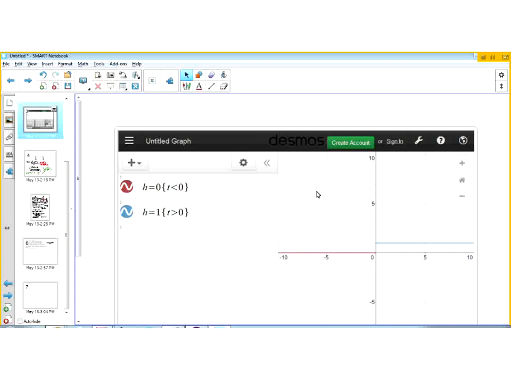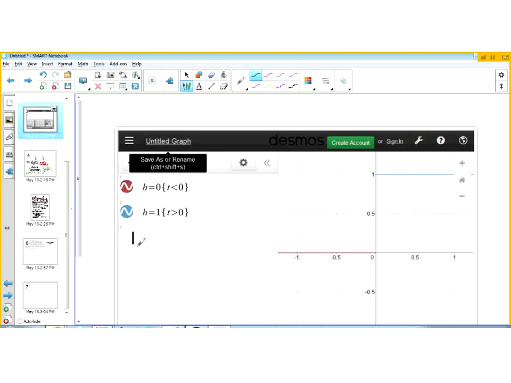So the function h is the combination of the red and blue curves. Now the question is, what is the limit as t approaches 0? So let me write that down for you. So we want to examine the limit as t approaches 0 of h of t.